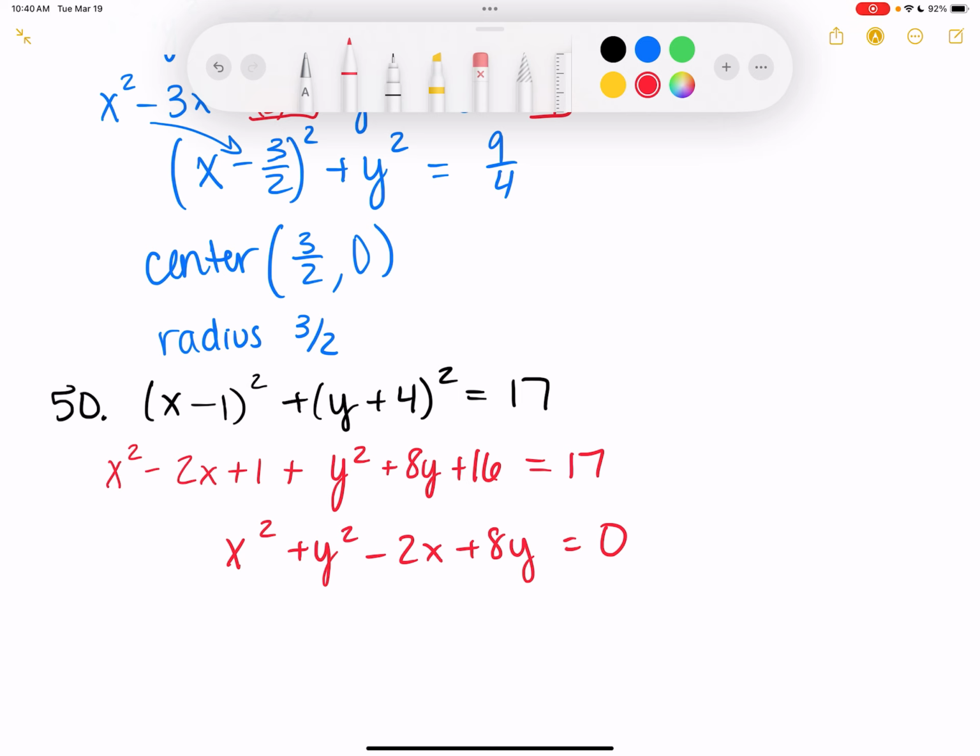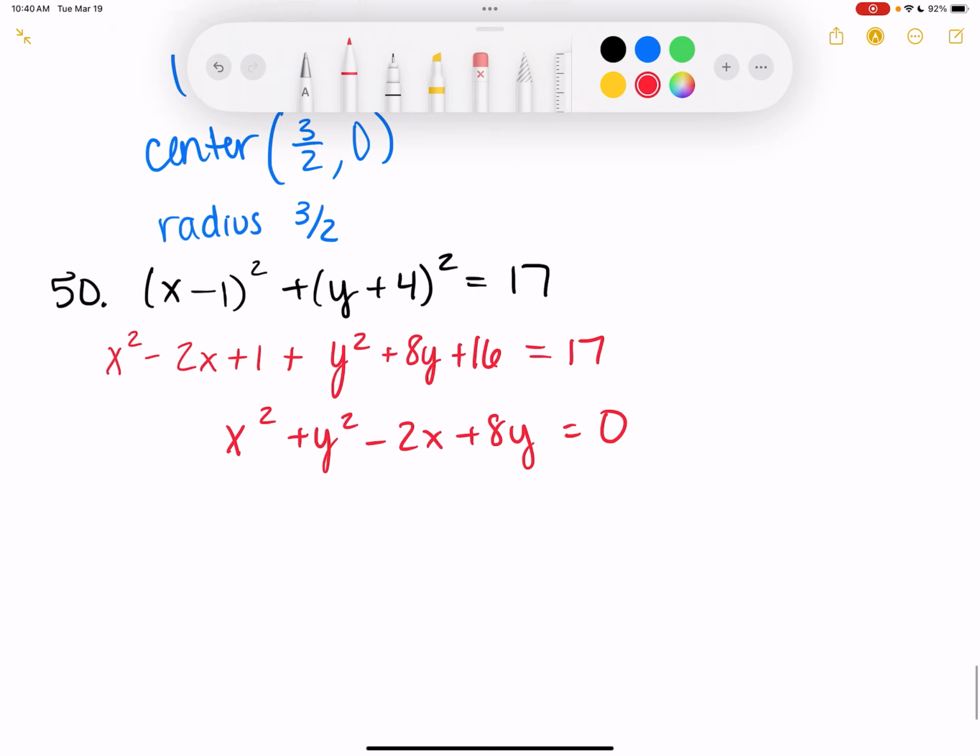Now I'm going to substitute polar things that I know. I know that x squared plus y squared is equal to r squared. So I have r squared minus 2 times, how can I rewrite x in polar? R cosine theta. How about y?